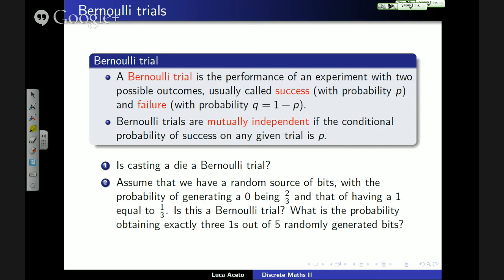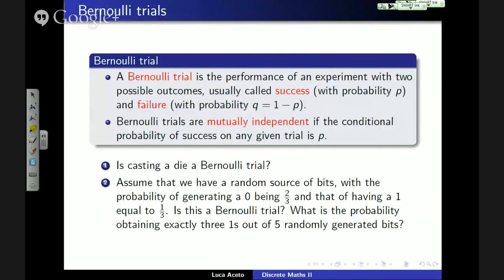Now, are these Bernoulli trials mutually independent? I told you the source of bits is random, so you can assume that they are. So every time you get one or the other with a given probability.